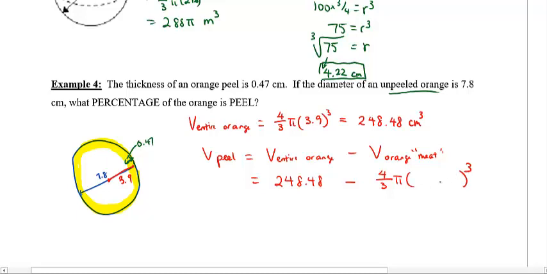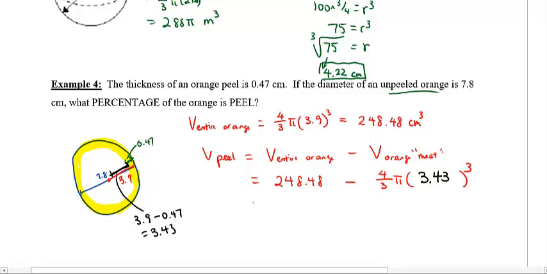Now, what is r in this case for the meat? Well, the r value that we're going to use would be this distance in black, defined as 3.9, the distance in red, subtract off the thickness of the peel, 0.47. That's equivalent to 3.43. So that is what we're going to use as the radius for the orange meat.